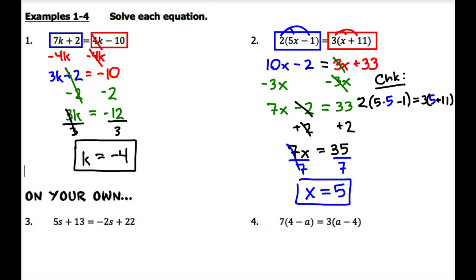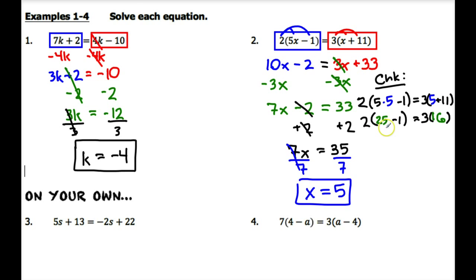So here in blue, I'm plugging in a positive 5 into both places where my x originally was. Now if we simplify the left side using order of operations, in parentheses we have 5 times 5, which is 25, minus 1, and then that's being taken times 2 out here, equals, over here we have a 3 times 5 plus 11. 5 plus 11 is 16.